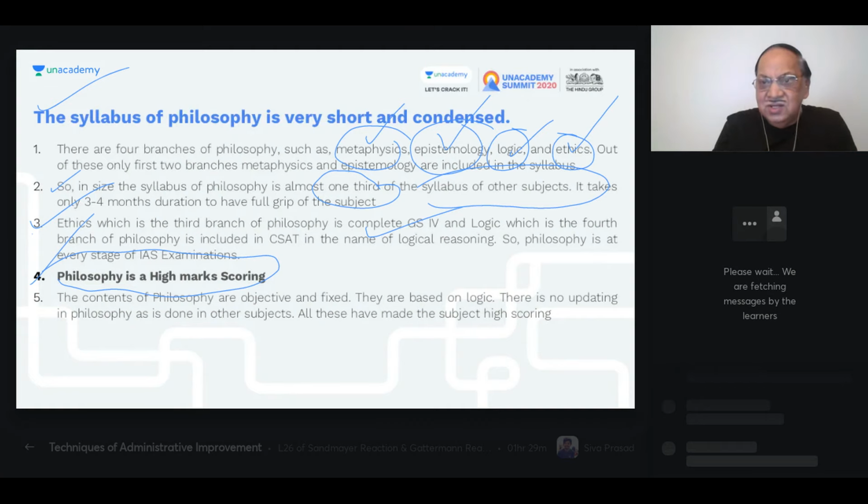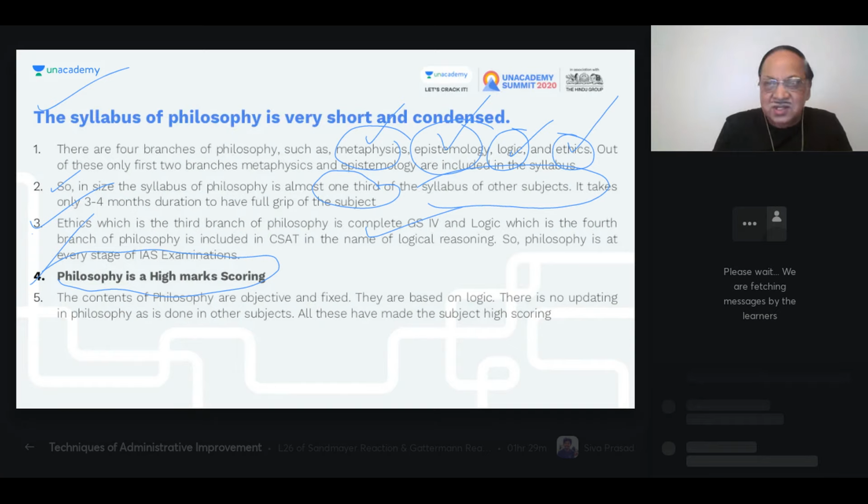What Plato said years before is true even today, in the same form, because in philosophy there is no question of updating things. No new things come which can be added to the syllabus of philosophy, unlike in other subjects, where new things come up every time and UPSC tries to include those new things in the syllabus.